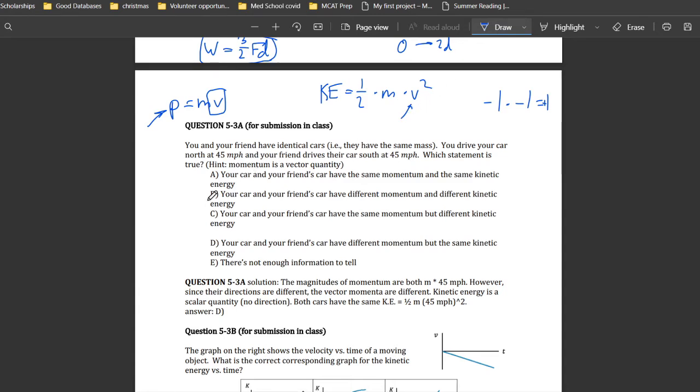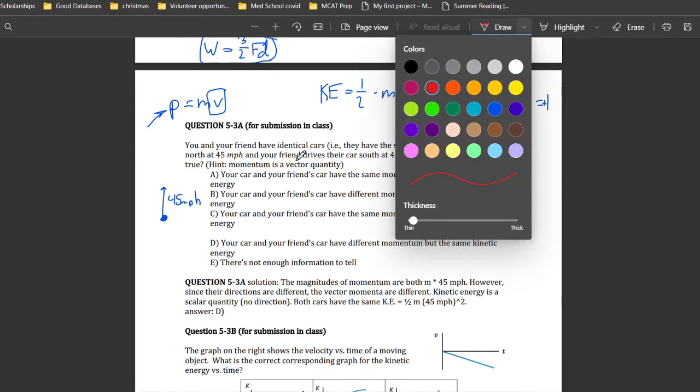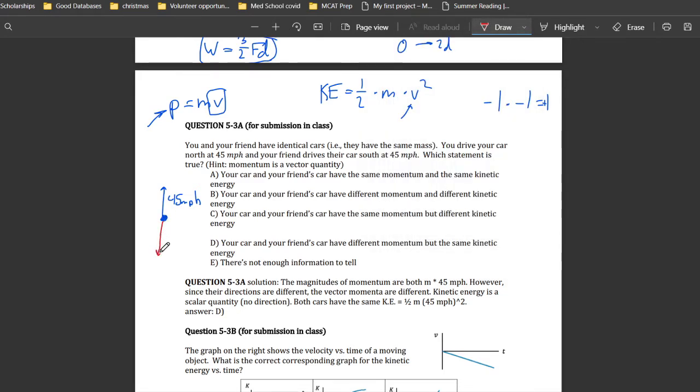And if we consider this situation, we have some initial starting point, and we have you going in a positive direction north at 45 miles per hour. And you have your friend, which I will color in red, going 45 miles an hour in the opposite direction. So we could say negative 45 miles per hour, because this is a velocity unit, so direction matters.